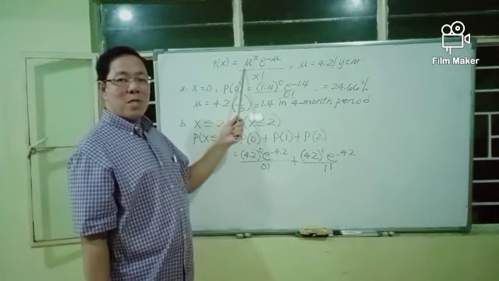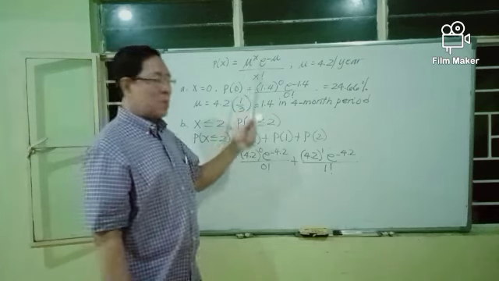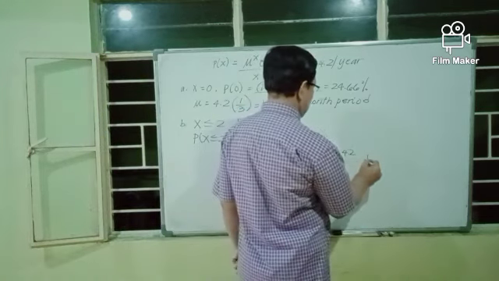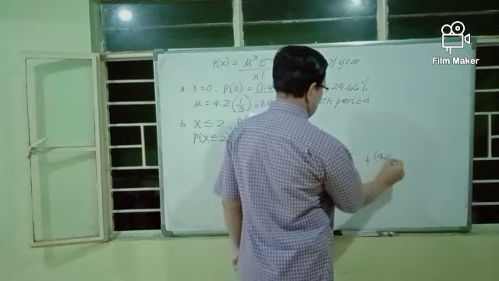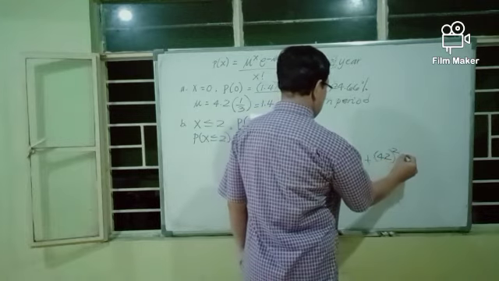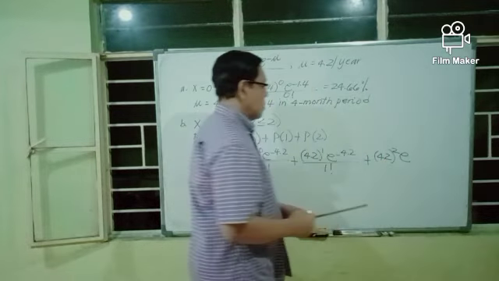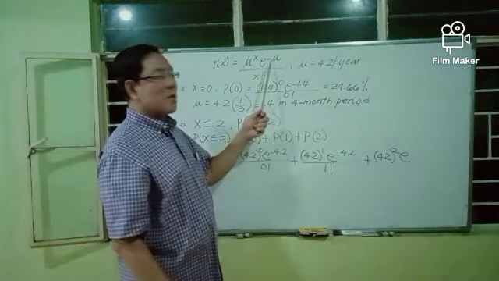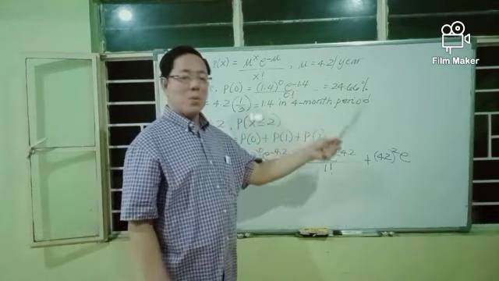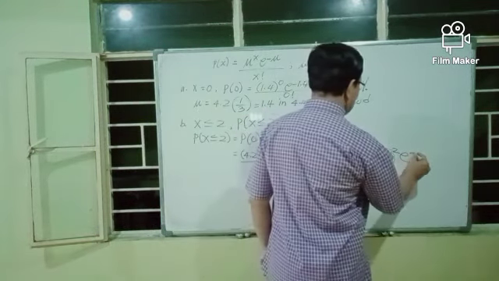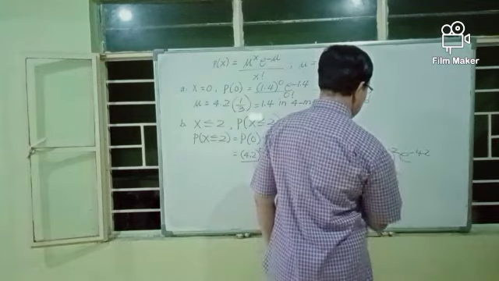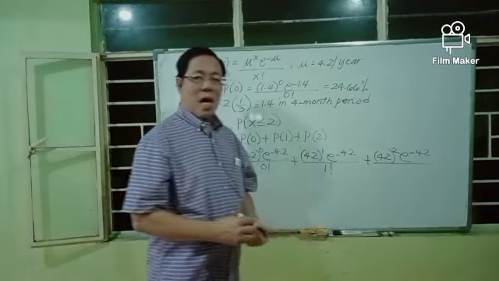We have mu, 4.2, to the power 2, multiplied by e raised to negative mu, 4.2, divided by x factorial.